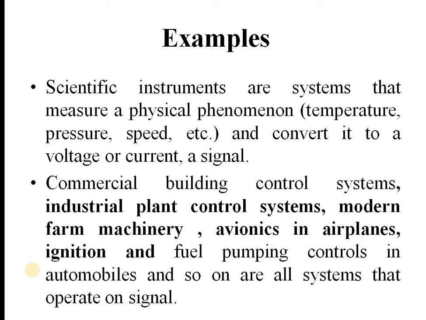All the scientific instruments such as thermometers, barometers or odometers that we use to measure temperature, pressure and speed are systems themselves, because the thermometer takes as input our body temperature.